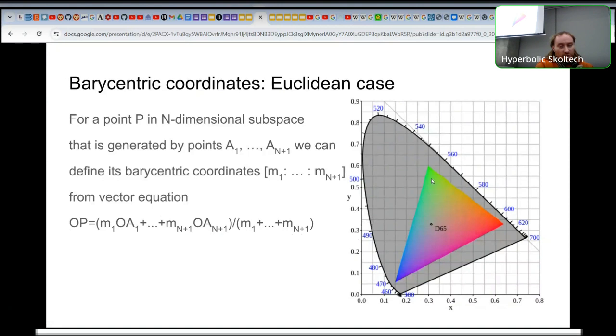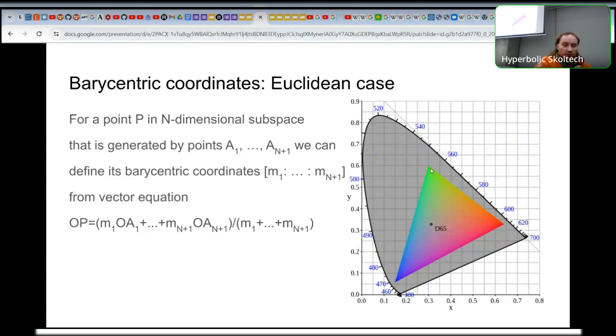And in programming, it is usually used like taking coordinates in the red, green, blue model of color. So the more mass the blue point has here, the bluer your point P will be.